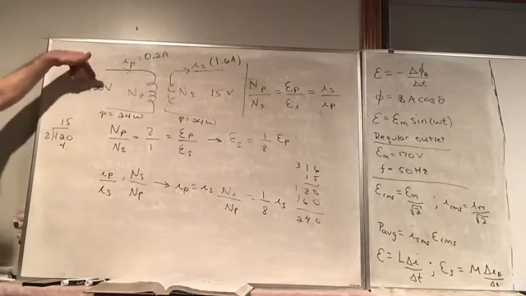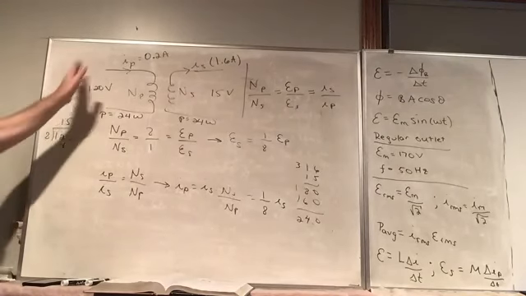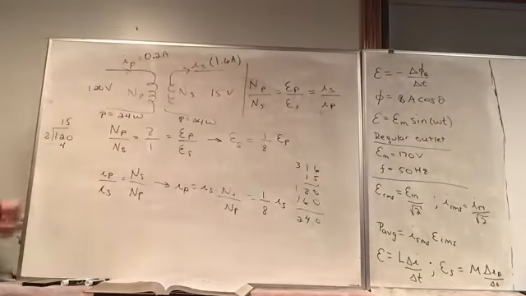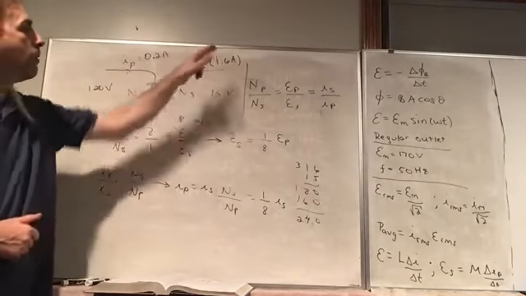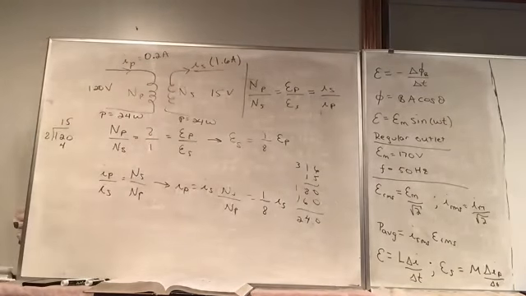So the step-down transformer, we reduce the voltage by a factor of 8, but we multiply the current by that same factor of 8. Okay, so kind of a basic transformer problem, and that's an example of mutual induction.